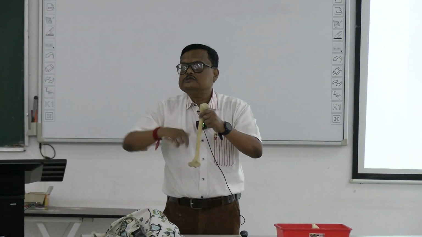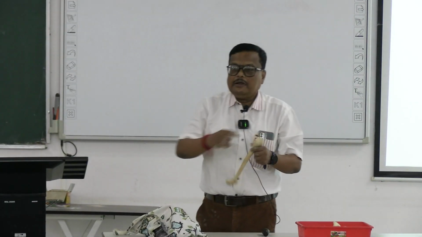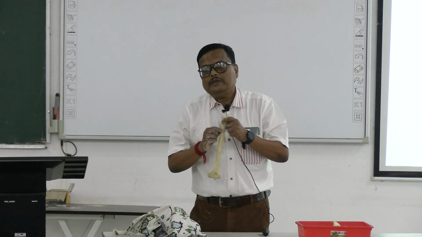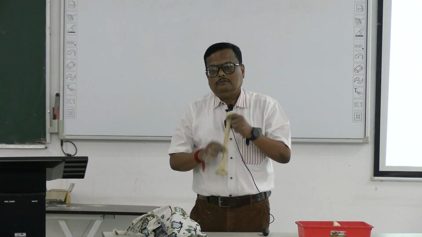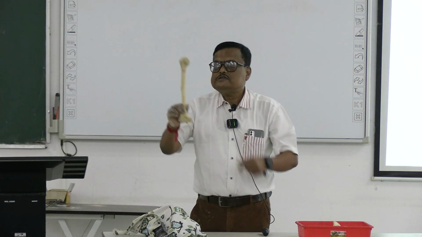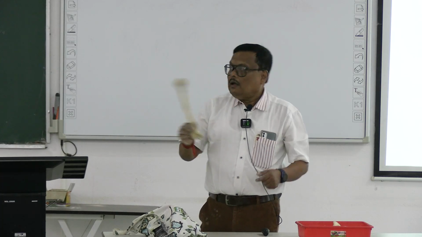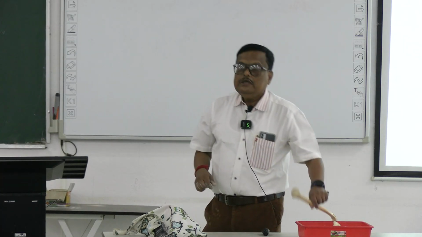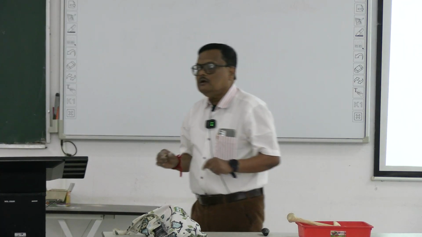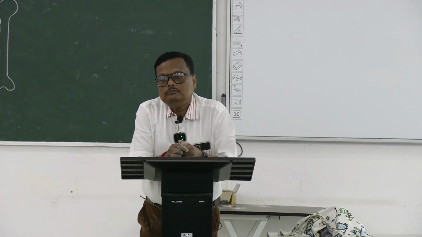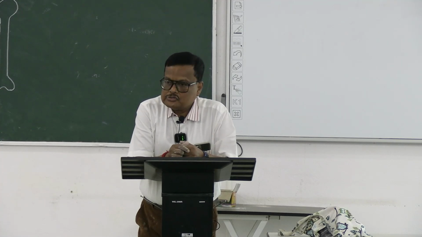Continuous. So depending upon the bone, we can determine the age. So it is the adult bone. And what do we describe? Young bone. Young bone means while the epiphyseal cartilage is present.